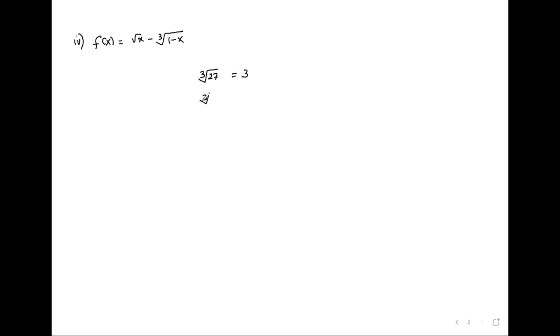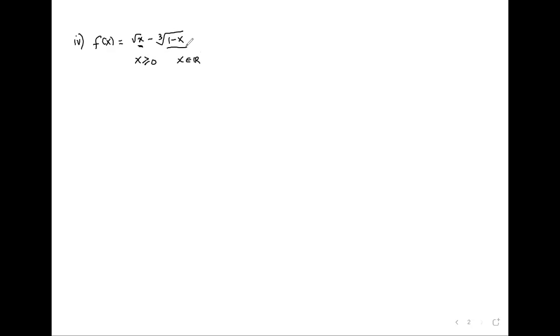And the cube root of negative 27 is negative 3. So for cube roots, we always get responses, whether the number is negative or positive. But square roots we don't get for negative numbers. So what does it mean? We'll get x greater or equal to 0 for the first one, and x is free for the second one.